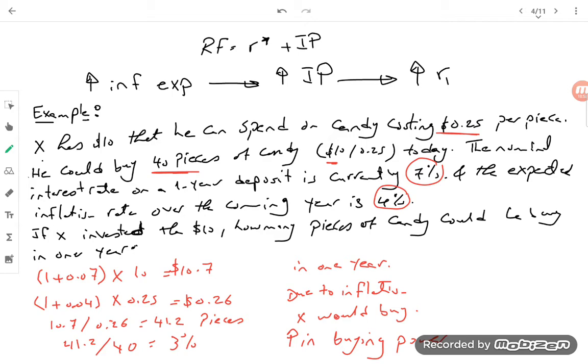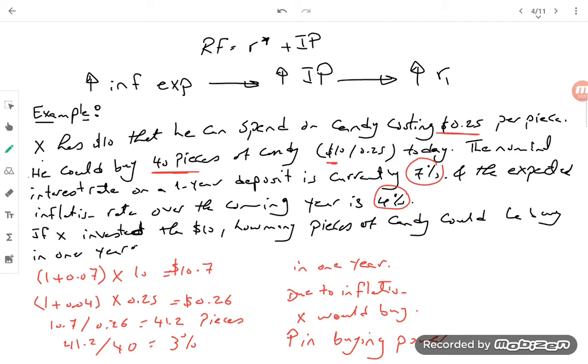So the first step, we have to calculate the amount of money after 1 year, or the cash flow after 1 year. It's calculated as the principal, which is 1, plus the interest rate, which is 0.07, multiplied by the $10. So it's 10.7. And then due to inflation, the price of one piece of candy will be 1 plus 0.04, which is the inflation rate, multiplied by 0.25, which is the price this year.